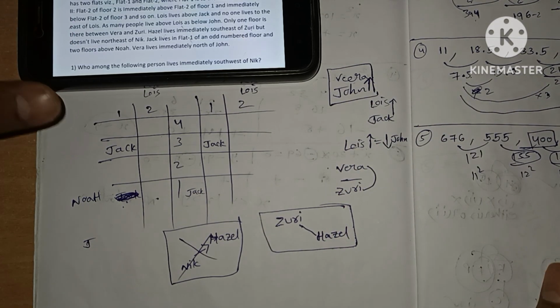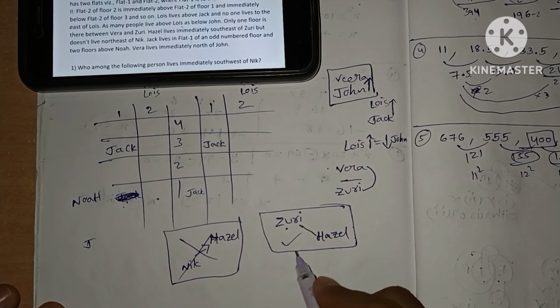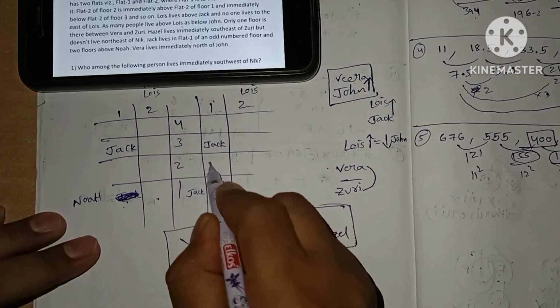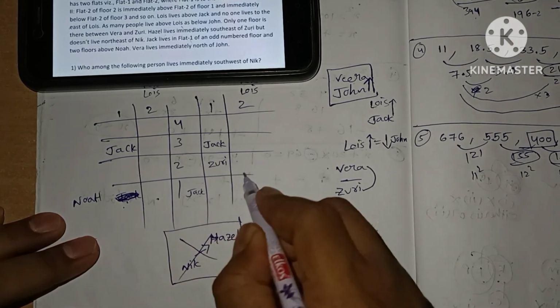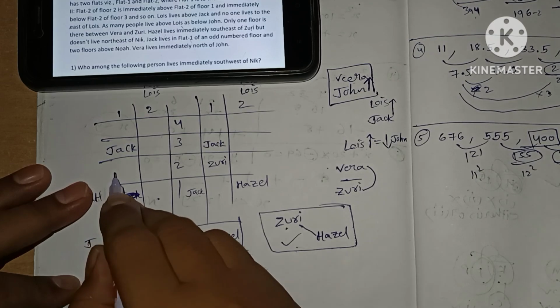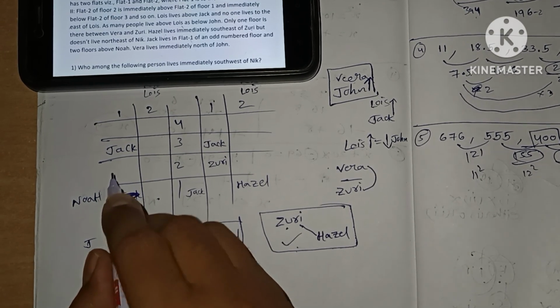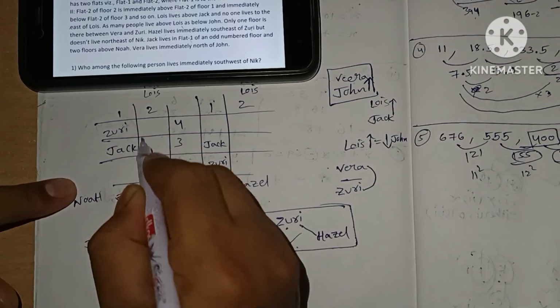Okay. Now we need to start our puzzle. Let's take this one. First we are going to start with this one. Jury. Let's place Jury here and Hazel here. In this case, Jury here and Hazel here.